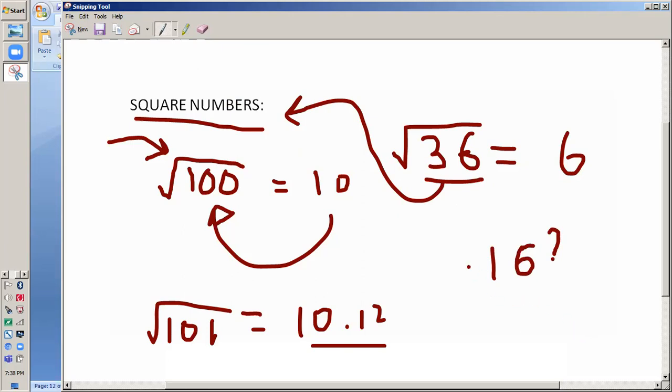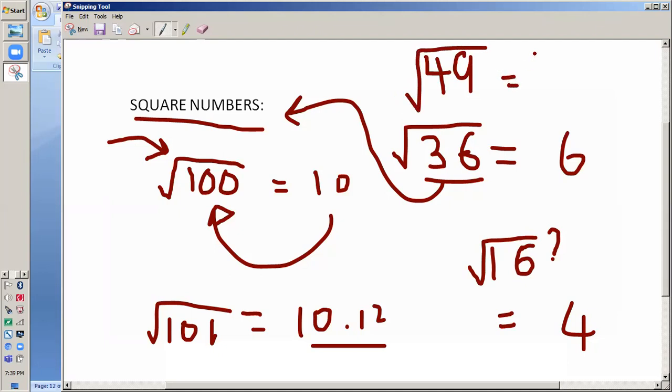Yes, because what is the square root of 16? 4. So 4 times 4 gives back 16. Let me do another test now. Is 49 a square number? Yes. What is the square root of 49, class? 7. So 49 is a square number.